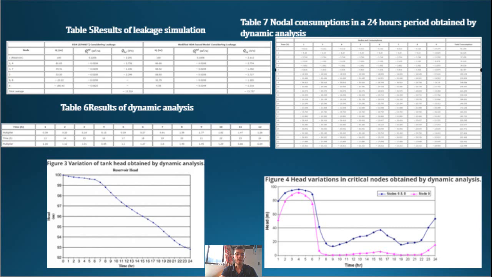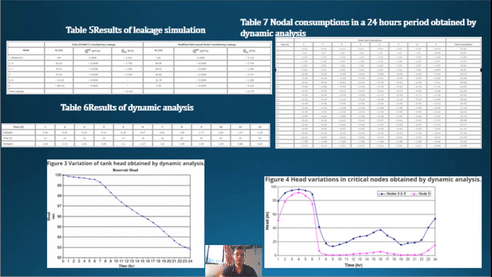Figure 4 illustrates that at 7 am, consumption increased and the head in node 9 becomes less than the minimum required value. Therefore, only a percentage of the demand in this node is supplied. Also, in nodes 8 and 6, in the time steps with high consumption, the head values are less than the minimum required value due to the decrease in the head of the tank. Therefore, the demands are not fully supplied in these time steps.